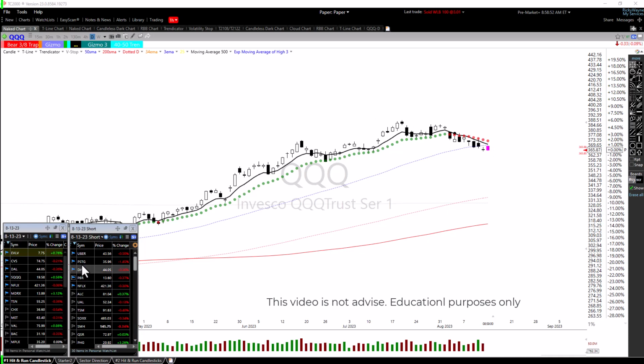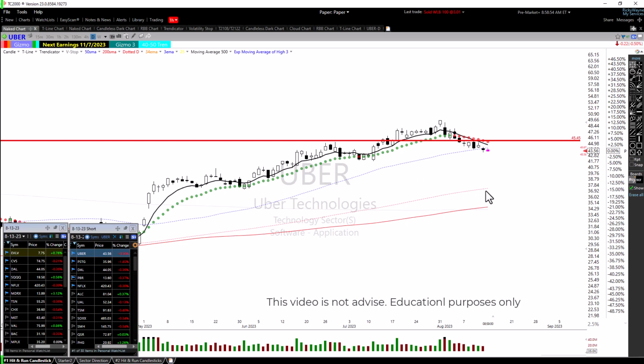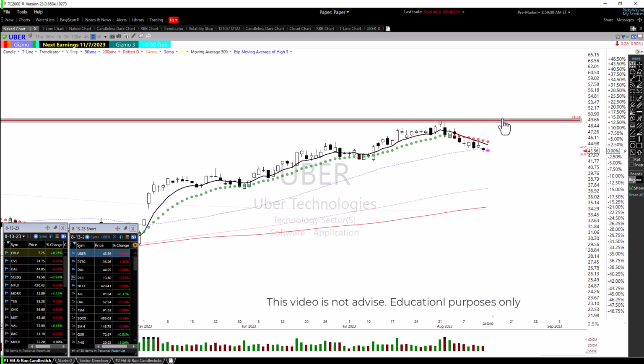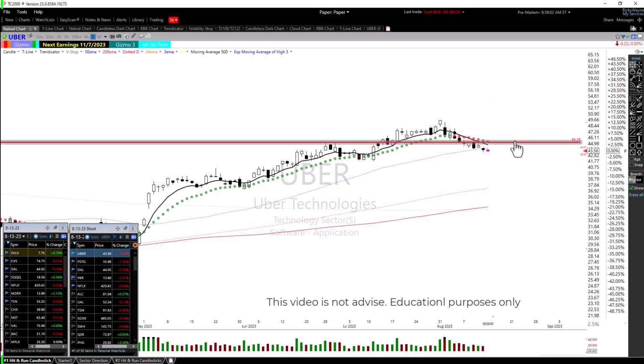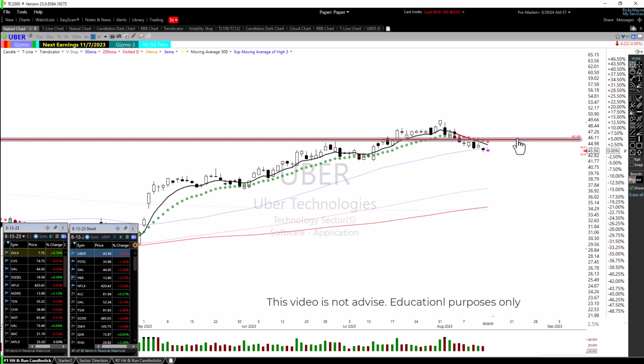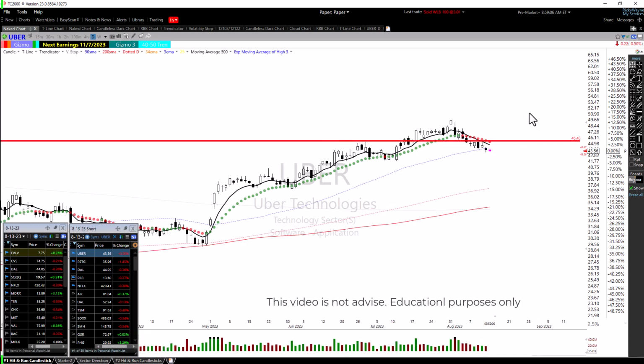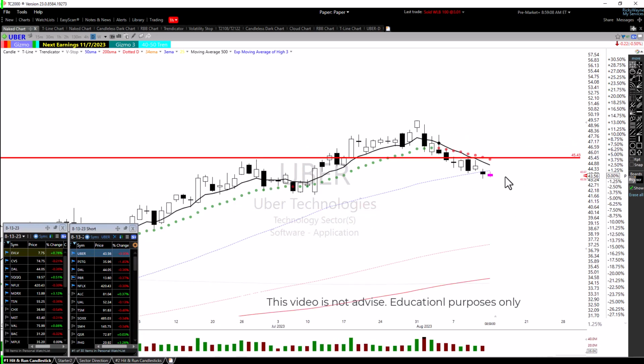Speaking of some shorts, Uber. I was chatting with somebody last night, and I said, yeah, Uber's looking short. And they said, what, are you out of your mind? They're hot. They could have cars with no drivers.